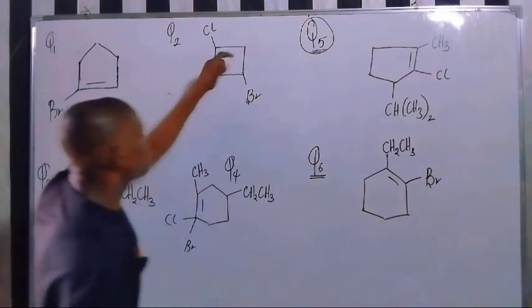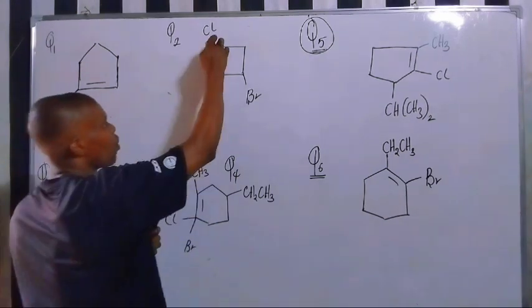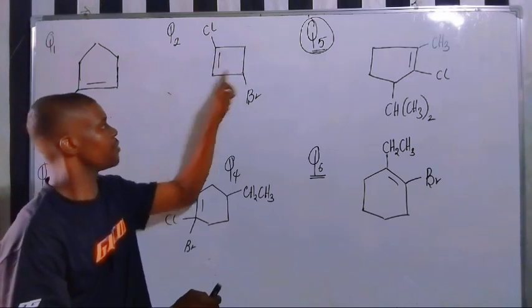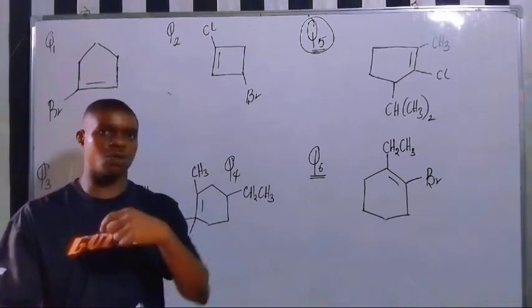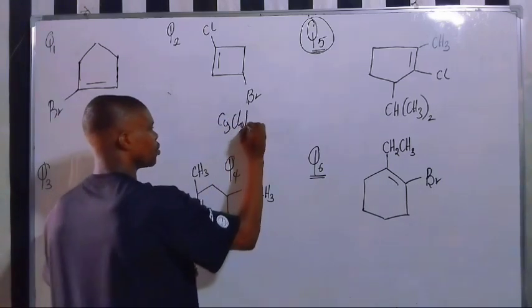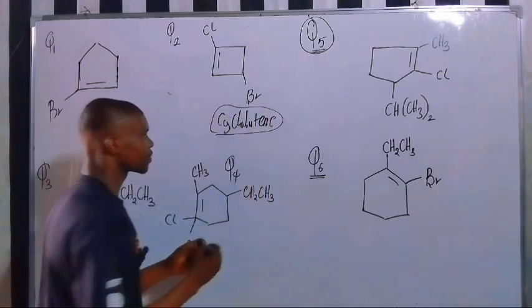Now, let's look at this one here. Here we have 1, 2, 3, 4. Can you see that? If you check it very well, it's going to be cyclobutene.